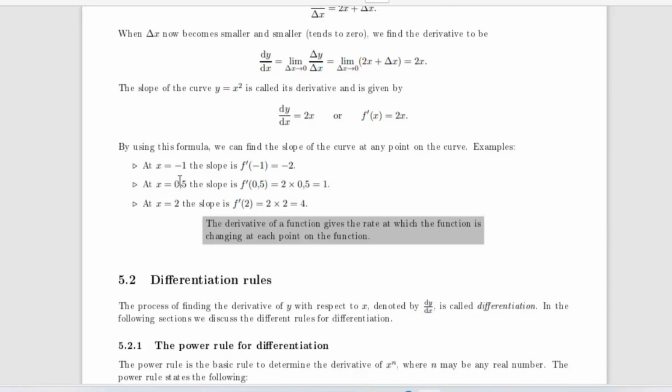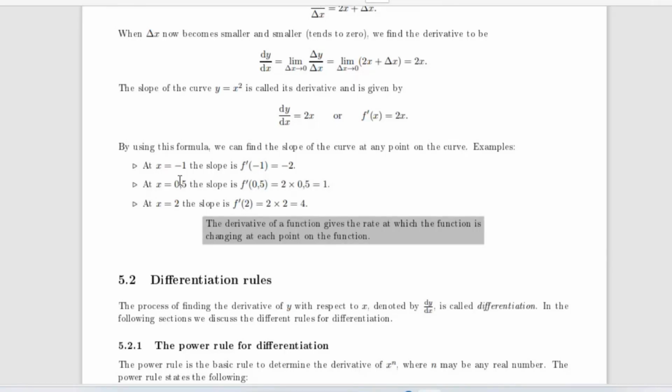Here is my request to you, Michelle. When you put -1 into x, what do you get? Whenever you see x in the derivative, you put that -1. What will the answer be?